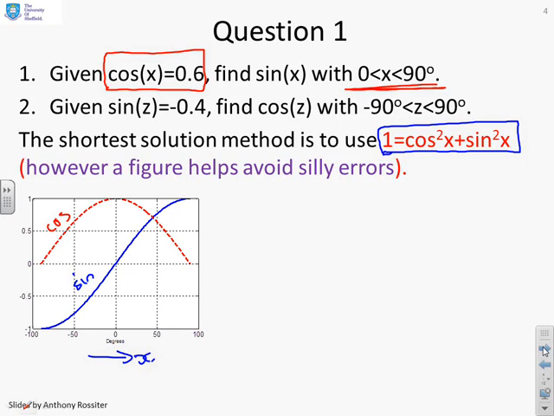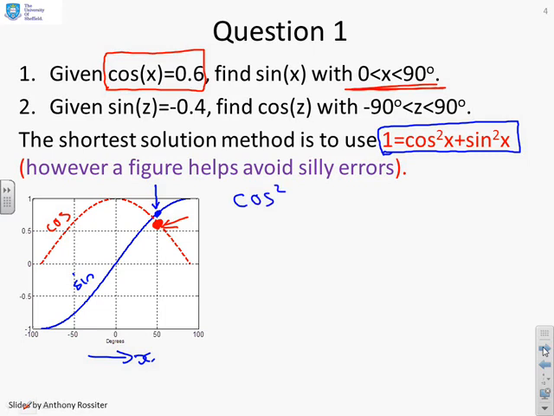So what I can see is that that corresponds to a point somewhere around here. Okay, I can see that on the figure, and therefore the value of sine x for the same x is going to be somewhere around here. So the advantage of doing this is I can see immediately what sort of solution I expect in case I make a silly mistake. But now let's do the problem properly.